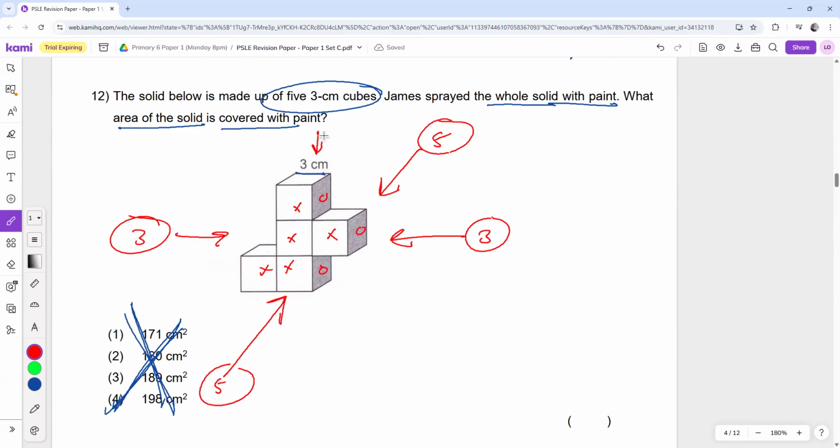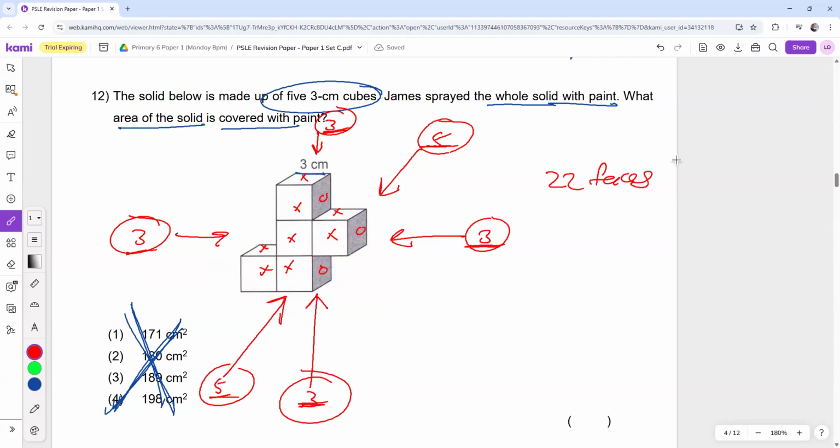You look, one, two, and three. Three square faces will be sprayed, and the bottom is the same. So altogether, 3 plus 5, 8, 8 plus 3, 11, 11 plus another 11. That will be 22 faces going to be sprayed.